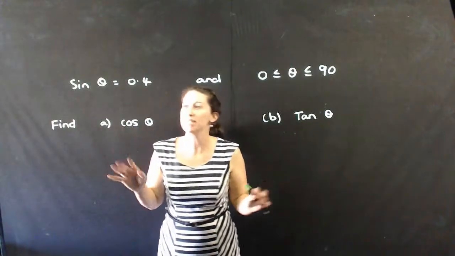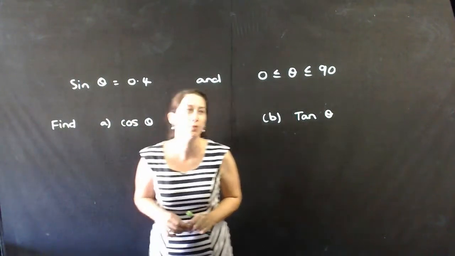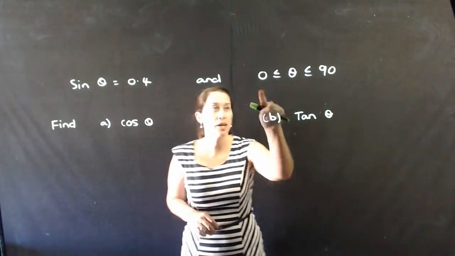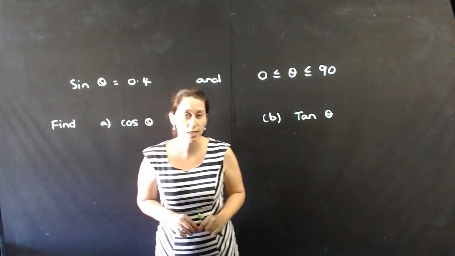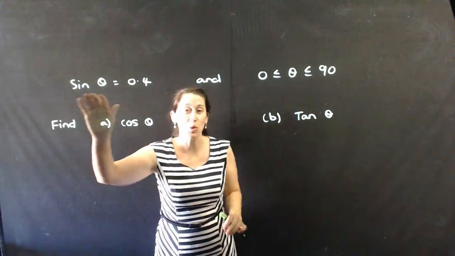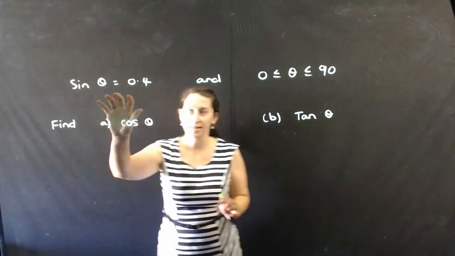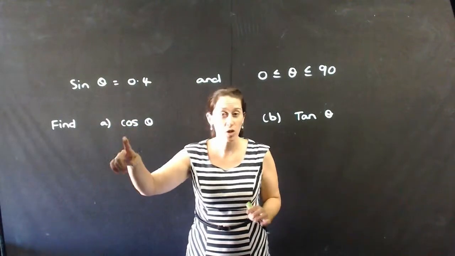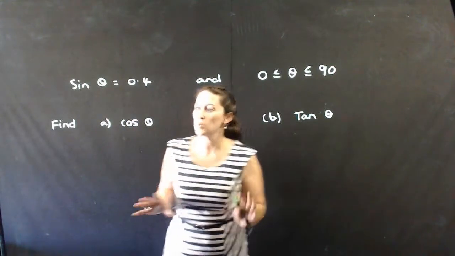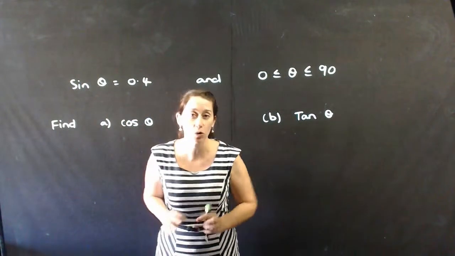In this particular example I've been told that sine theta equals positive 0.4, and I'm looking at the domain between 0 and 90 degrees for theta. That makes sense because this is the first quadrant of the unit circle, and of course sine is positive in that quadrant. Now all I've got to do is use this fact to find cos theta and tan theta. I'm going to substitute the information I know into the Pythagorean identity.